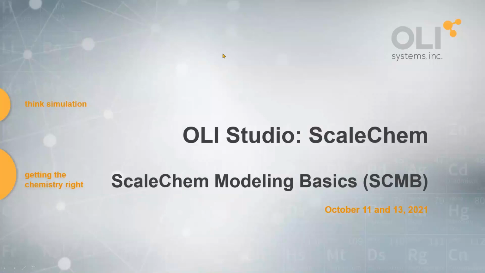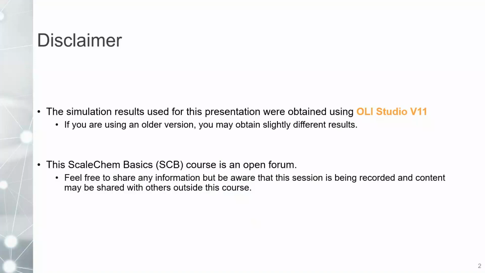As I said before, this is the OLI Studio Scale Chem Modeling Basics. Before I start, as a quick note, the results that I show during the simulations will be obtained using the OLI Studio version 11.